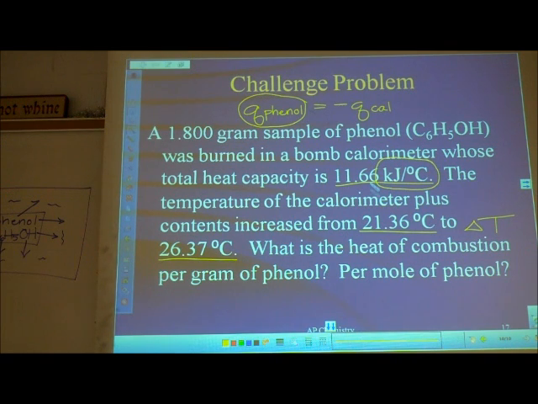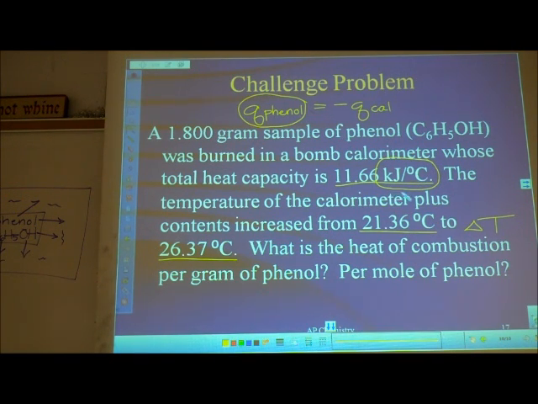Now, if you're still confused as to what we're going to do here, tell me this. Q represents what? Heat. What do we measure heat in? Joules or kilojoules. If this is what I'm given, something in kilojoules per degree Celsius, what could I do to this number to end up with just kilojoules?